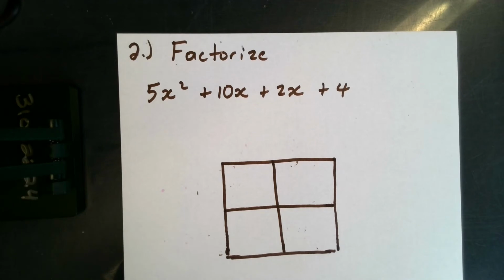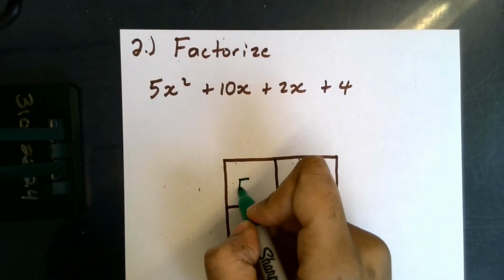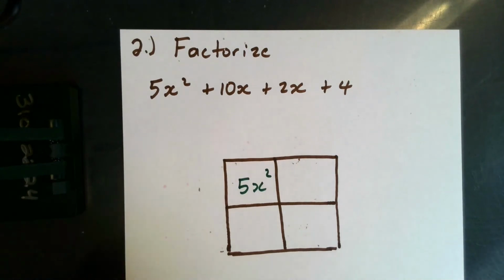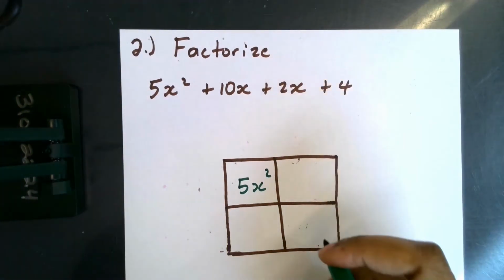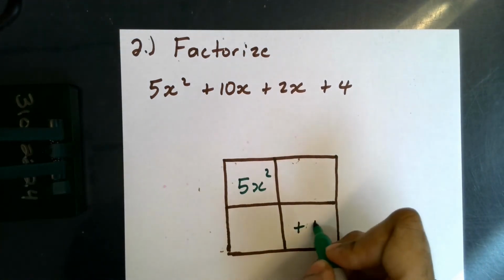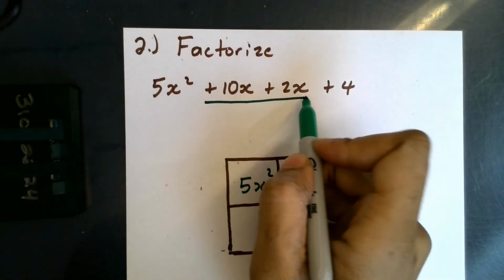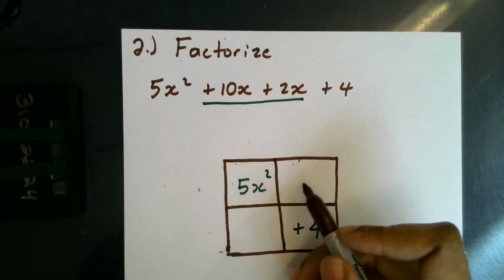So our first term always goes in our first box. Our final term always goes in our final box. Always. Our remaining two terms go in the remaining boxes.